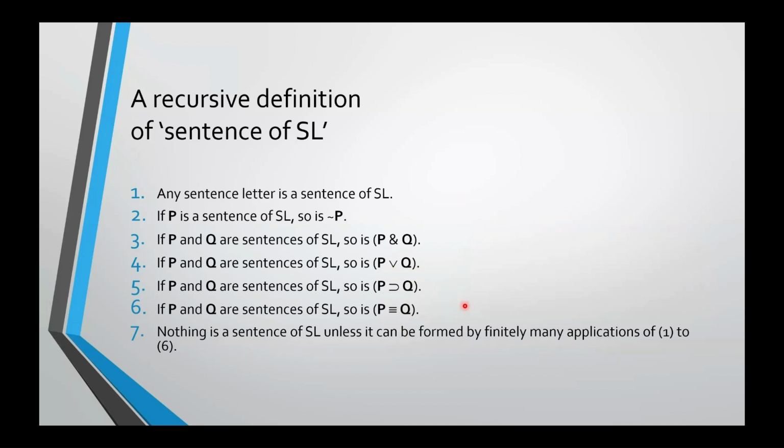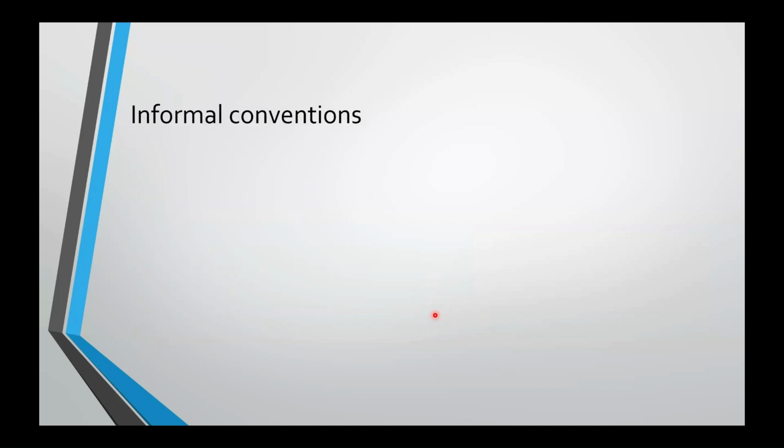You can't have an infinitely long sentence of SL because it must be something that you can produce by this procedure through finitely many applications, and that's only going to yield a finitely long sentence. So there's our formal definition.